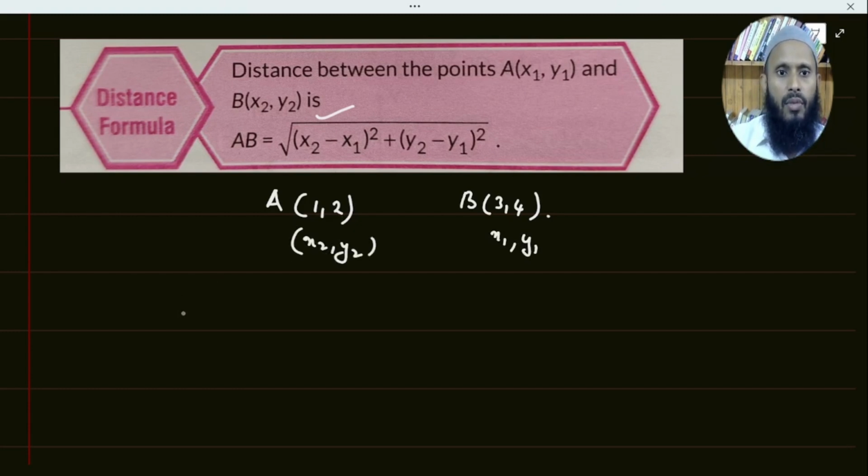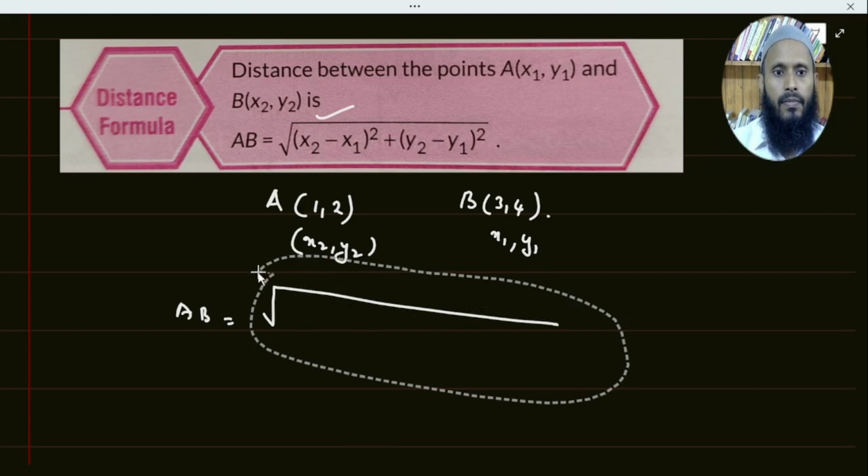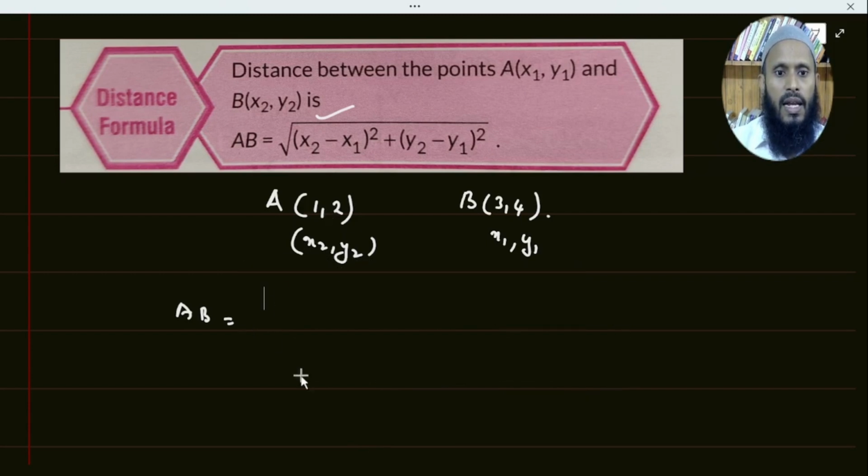So when I use the formula for finding the distance AB, I'll get AB equal to the square root of 1 minus 3 whole square plus 2 minus 4 whole square.